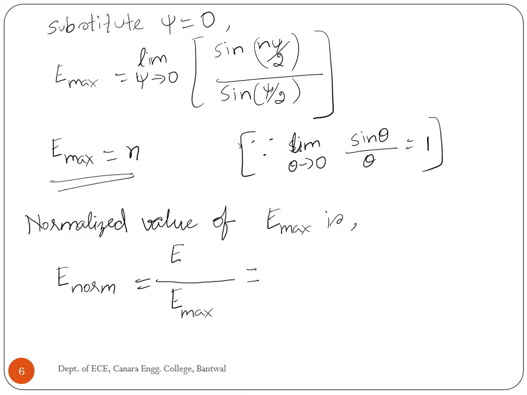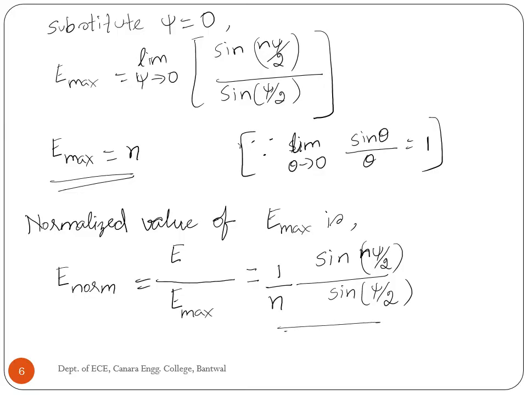So total electric field intensity is sine of n xi by 2 divided by sine of xi by 2, divided by E max, that is n. This is the normalized value for n isotropic sources having the same amplitude and different phase angle.